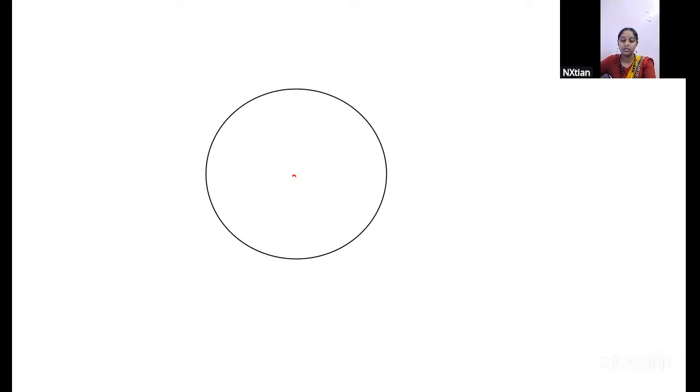On the circumference of the circle, where you are getting 108 degree, put a dot, then join it with the center. Join it with the center like this, and then where you place the protractor, put a line.